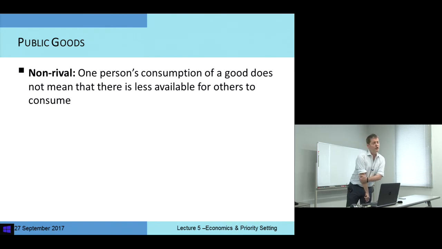If we say something's non-rival, we're saying that one person's consumption of the good doesn't mean there's less available for others. Now, if we go back to the apples and chocolates, they are rival. If I eat the apple, it's not available to you. If you eat the chocolate, it's not available to me. It's rival.